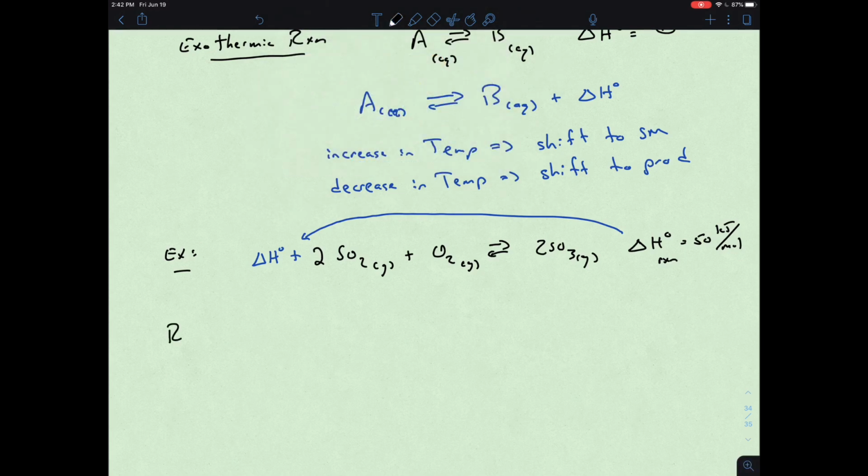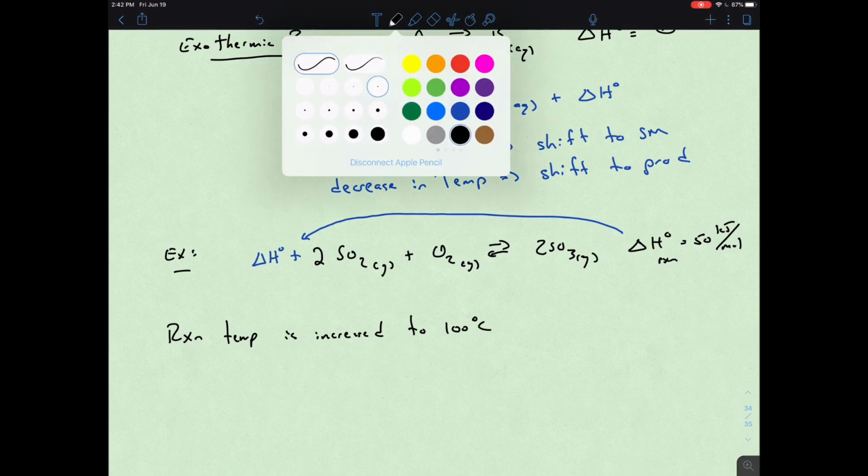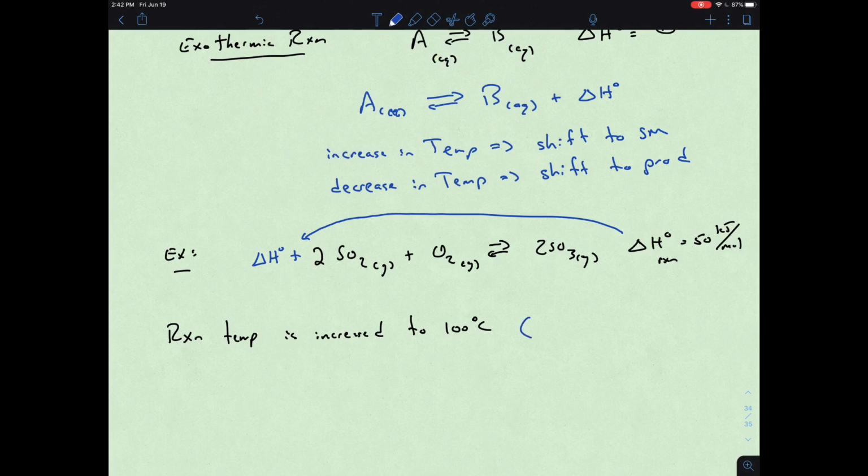So if the reaction temperature is increased to 100 degrees Celsius, well, that is like an increase in delta H, right, which is the same as our starting material, and so that's going to cause our equilibrium to shift to the right or product side.